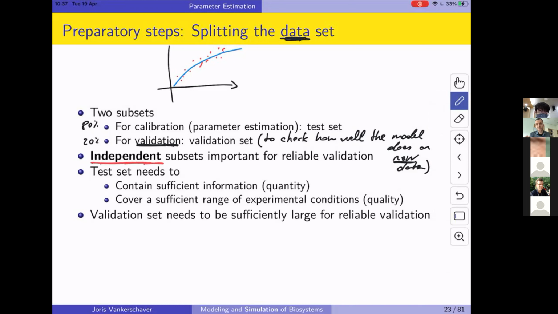It's a bit like if I give you a new exam of statistics, but it contains old questions that you've already seen, you're going to get a boost on those questions, and that's going to inflate your performance. So we want the calibration and the validation set to be independent of one another as much as possible. And this is a very tricky point in some cases.